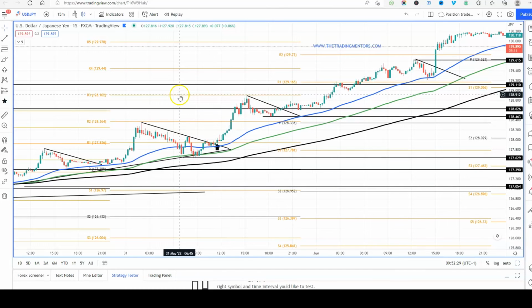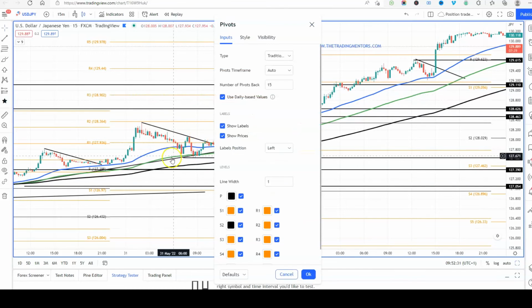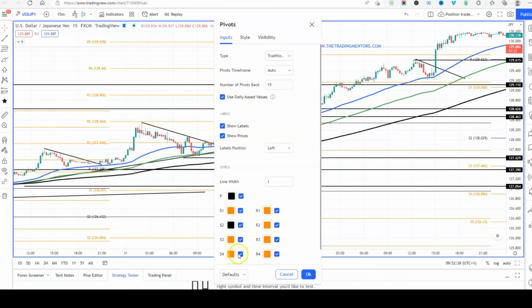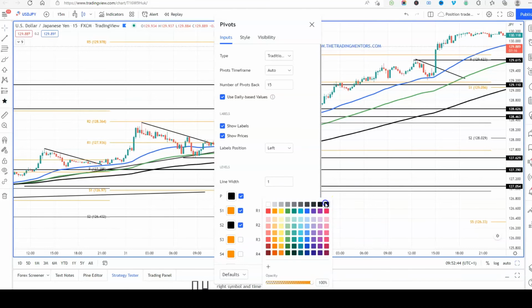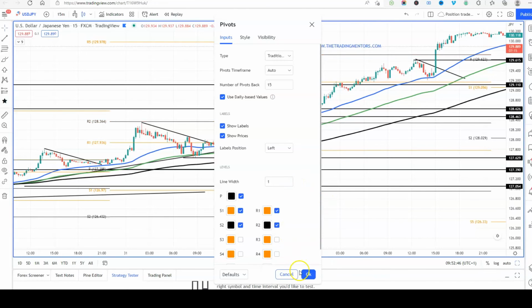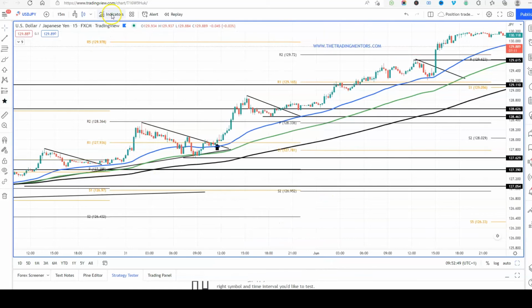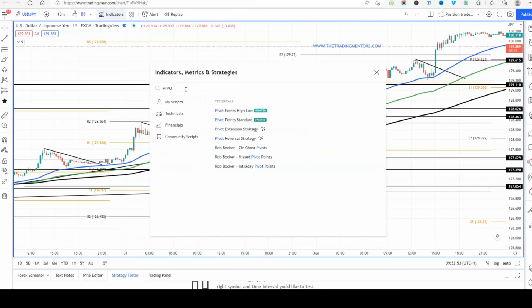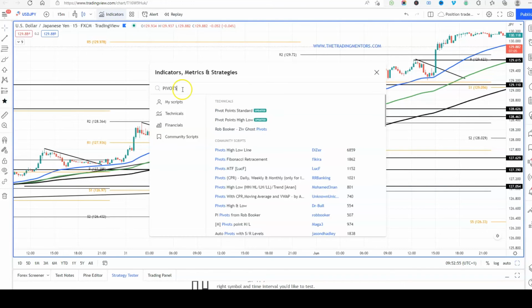Let me make some adjustments here just so it's clear. We don't need that, don't need that. So go to indicators, go to pivots, and go for standard pivots, okay? And click on those.